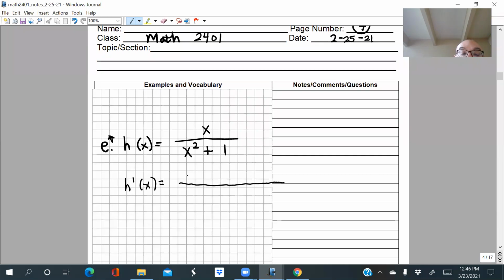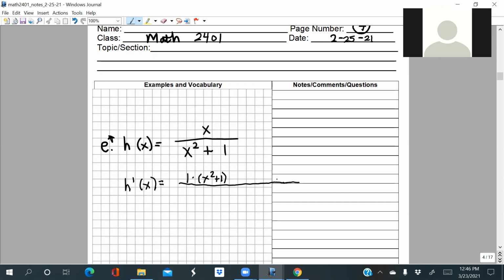Right. You multiply that by x squared plus 1, and then you take the derivative of the denominator, which is 2x. Yeah, you're right. The derivative of the denominator is 2x, and then what? And then you multiply that by x.